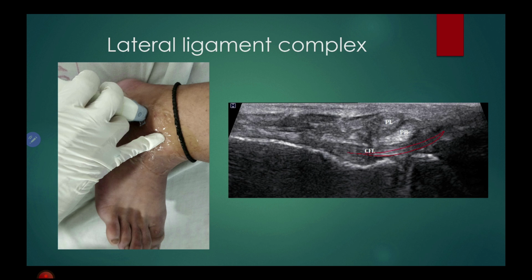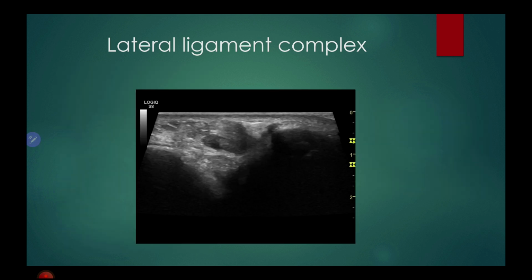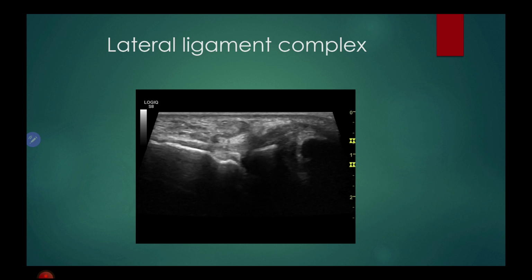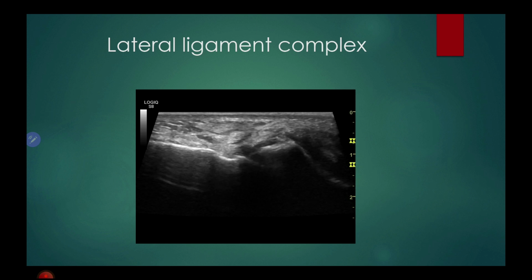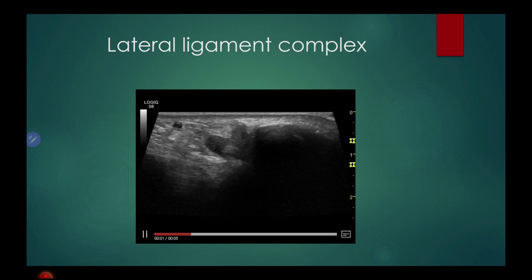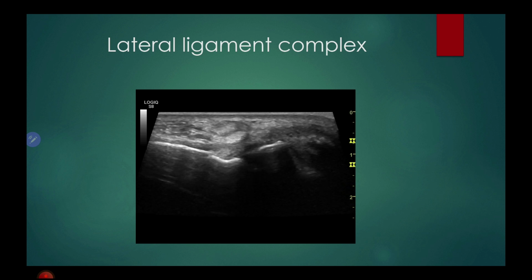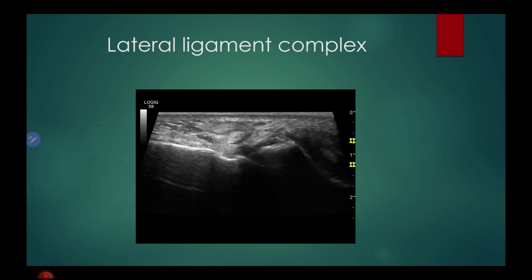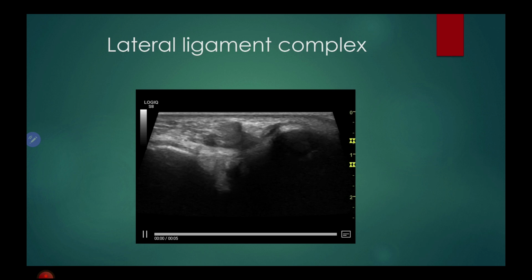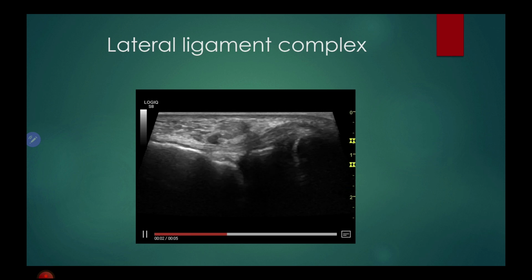Here we can see it is like a hammock, and these are the peroneus longus and peroneus brevis tendons. When we do dorsiflexion, this ligament undergoes stress and it leads to a movement of the peroneal tendon. If this movement is present, it indicates that the ligament is intact.